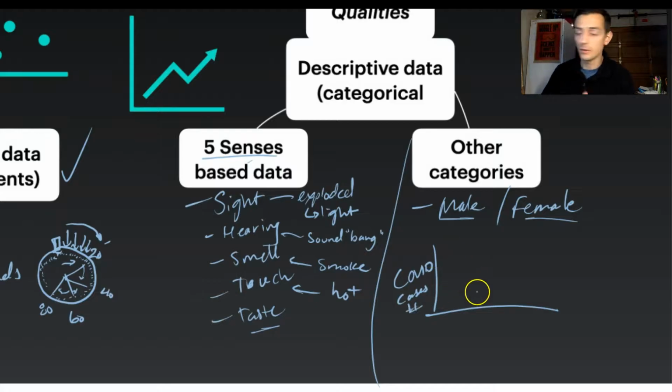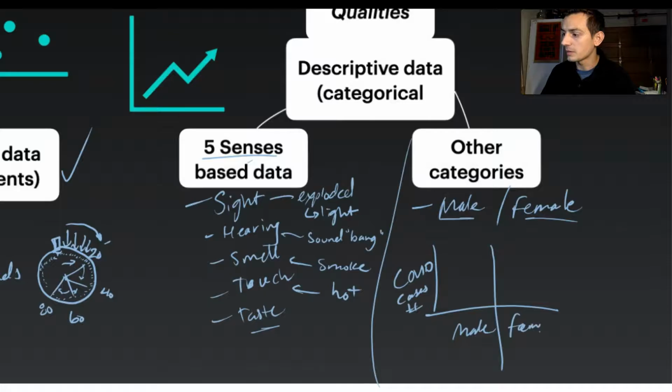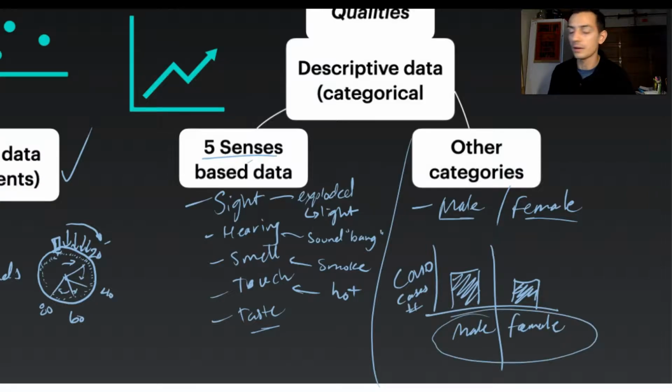So I'd have my number of cases, but I'd break them up into male and female categories. And I might say, well, the number of males is this high, and the number of females is this high, and I could compare them. But in this case, my variable down here is male or female, and then my variable over here is how many COVID cases there are.